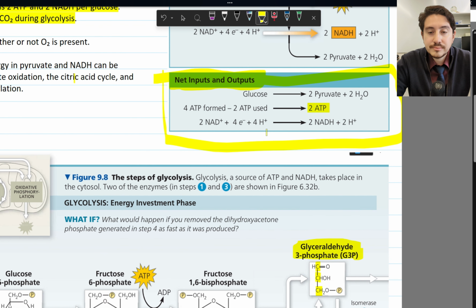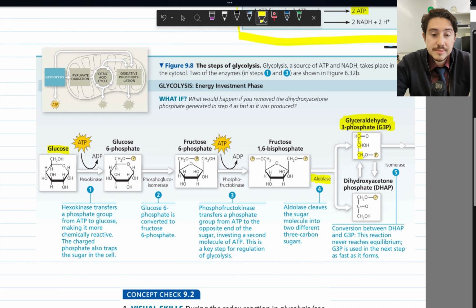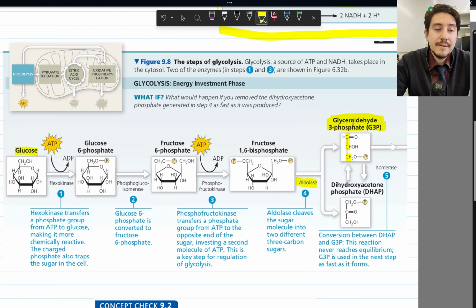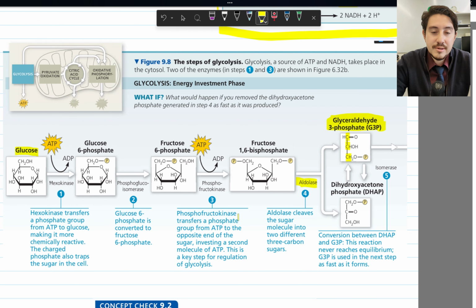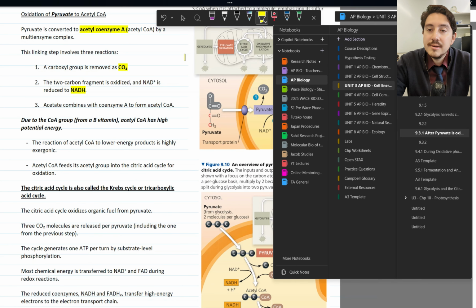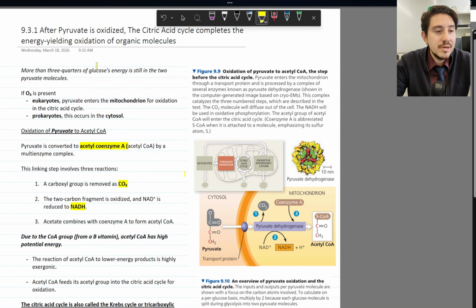Simple. And then you have these inputs here, which ultimately reduce NAD plus to NADH and hydrogen ions in solution. So that's it for glycolysis. Again, be careful about what you need to learn. Tell your instructor if you're an undergrad or if you're an AP, if you need to memorize all these intermediate molecules.